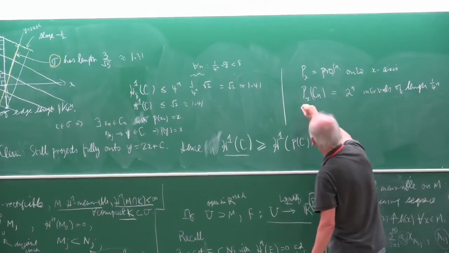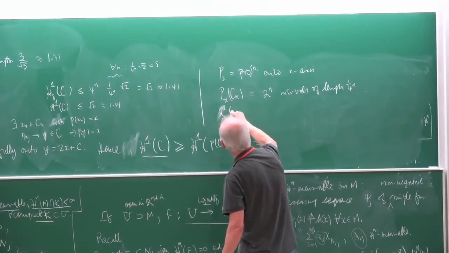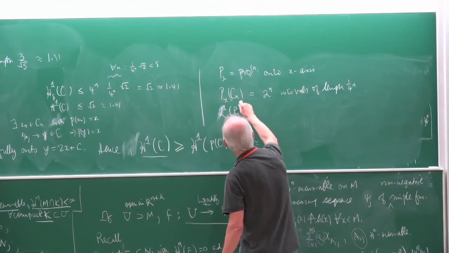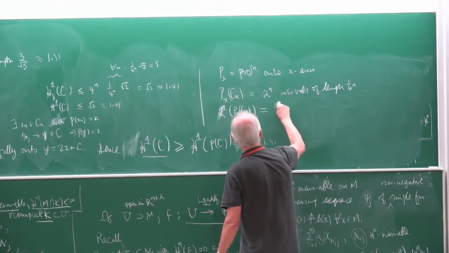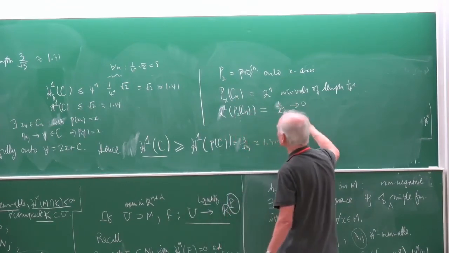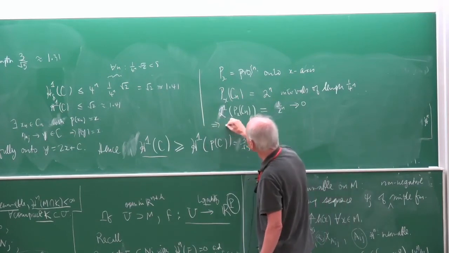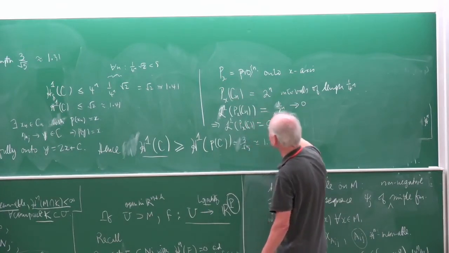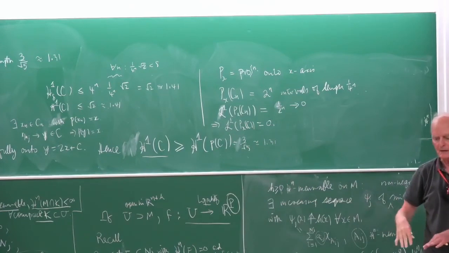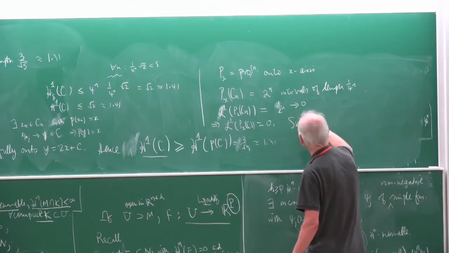So the total length, the one-dimensional Lebesgue measure of that, is just 2 to the n over 4 to the n, a half to the n, in other words, which tends to 0. But this is a decreasing sequence of sets, so this implies that the L1 of PC is equal to 0. So it null projects onto the x-axis, and similarly it null projects onto the y-axis by the same argument.